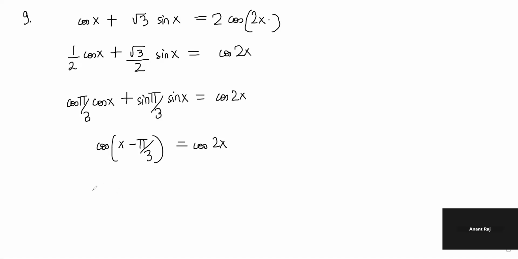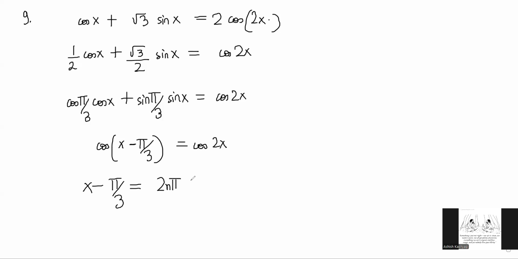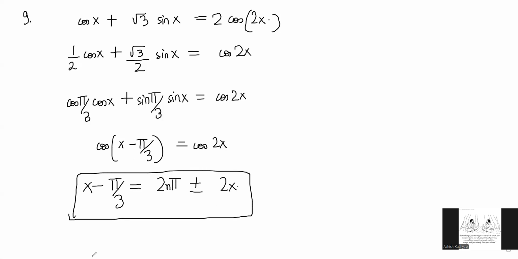Then here we will get 2x equals 2n pi plus or minus (x minus pi/3). At this stage, we have to write the general solution, right? Yeah, that's what I said. Don't just write this is equal to this, right? Yes. So from the general solution, what you will do is take both the cases separately. One case is x minus pi/3 is equal to 2n pi plus 2x.